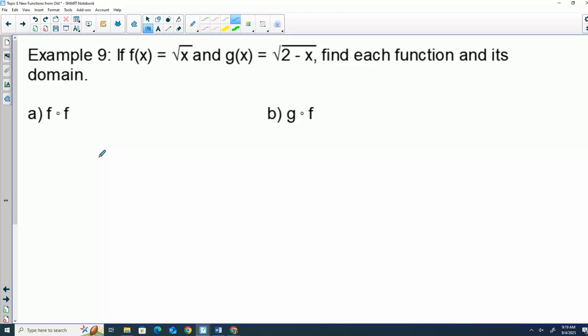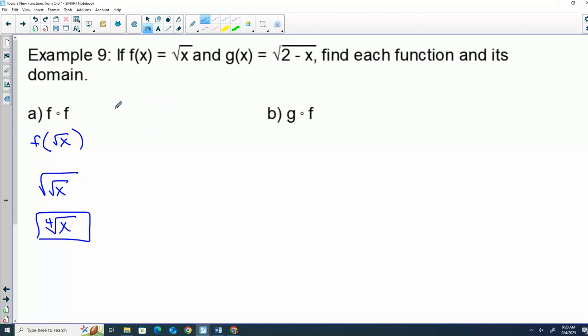So if it's f composed with f, f of the square root of x, and if I put that back into f, square root of the square root of x. What's another way to write the square root of the square root? The fourth root, yeah. You just multiply those indexes if you have multiple.